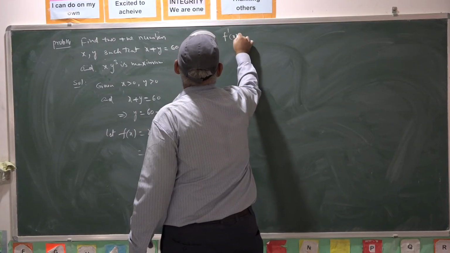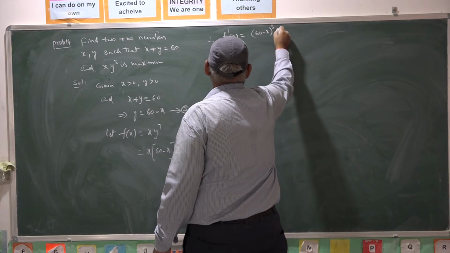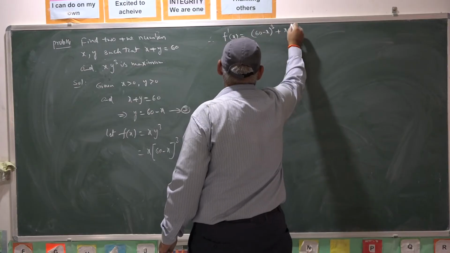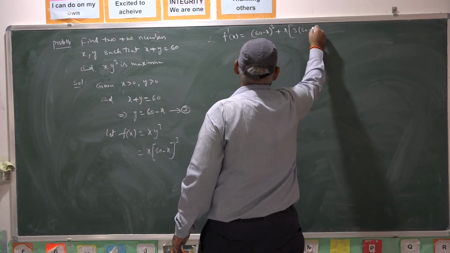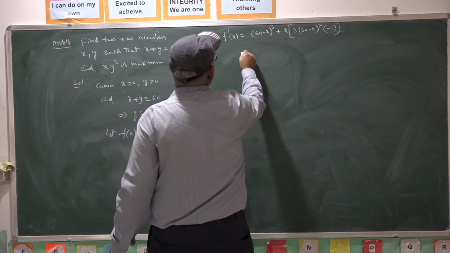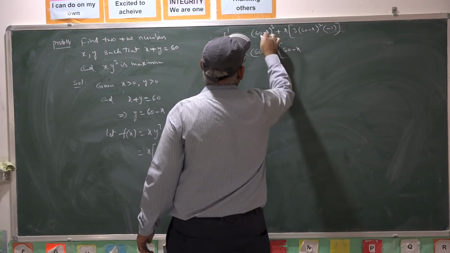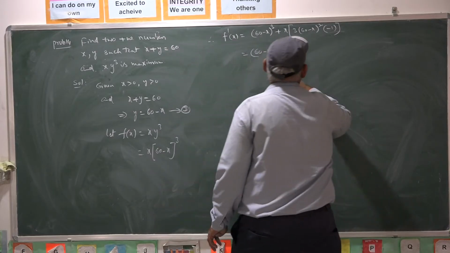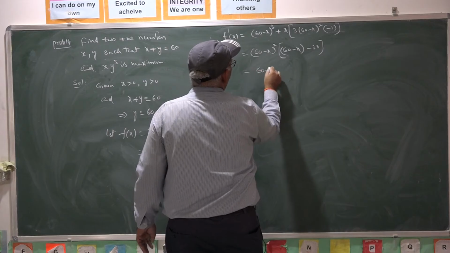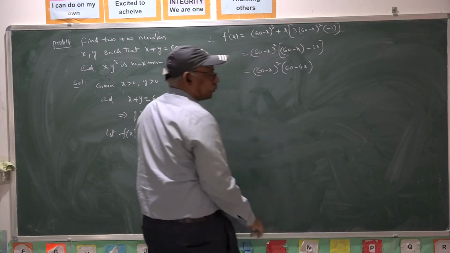So f dash x, by product rule, is 60 minus x whole cube for the derivative of x, plus x into 3 into 60 minus x whole square into minus 1. Taking 60 minus x whole square common, we get 60 minus x minus 3x. Hence 60 minus x whole square into 60 minus 4x.